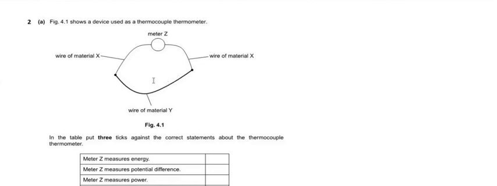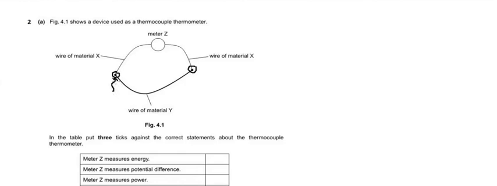We generally use two metal wires. So we can consider the upper one is one metal wire and the lower one is another metal wire. And these are the two junctions. You can see this one is the first junction of the metal wire, this one is the second junction of the metal wire. And what we had done, we had provided heat to this particular junction.